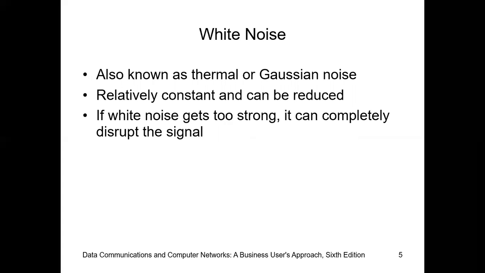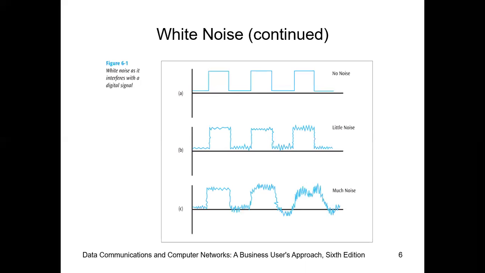It's called white noise because it is something that can be detected, and if it gets too loud or too strong, then the signal is disrupted. Remember the signal-to-noise ratio: if the noise power is too strong, the signal will be lost.